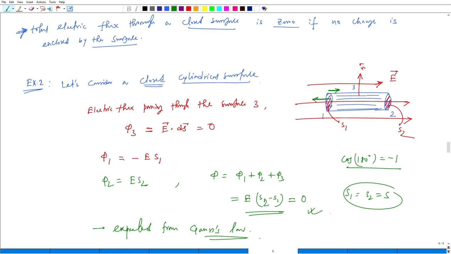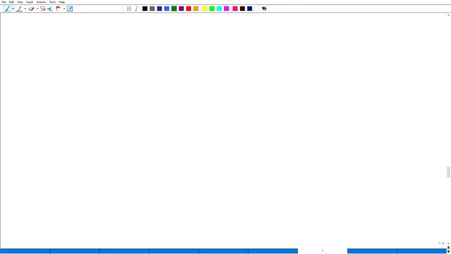The Gauss law is a more general statement. So we point out things in the following manner. Gauss law is true for any closed surface. It does not depend on the shape and size.